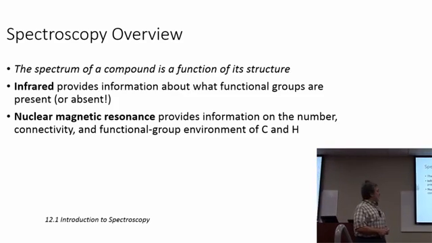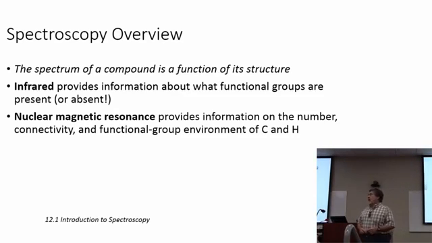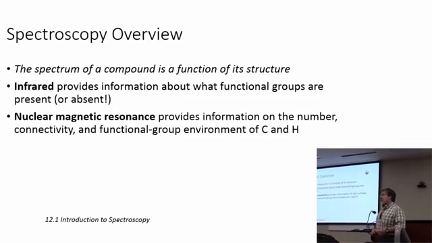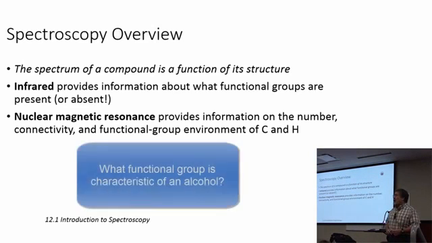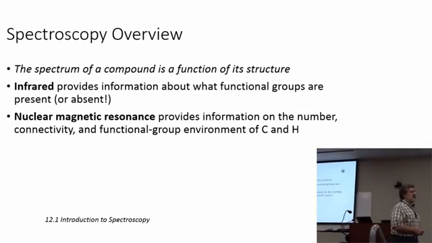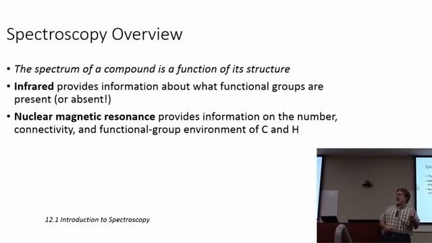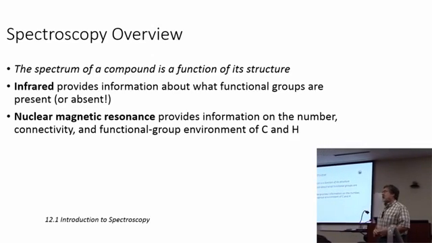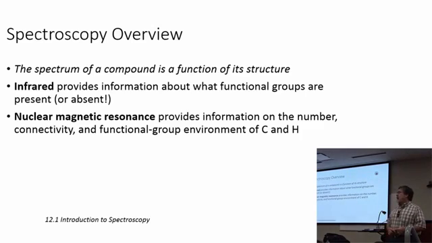All right? It tells you the functional group. If you wanted to know if a particular compound were an alcohol, grab an IR, put a sample of the unknown compound into the IR, wait for it to do its thing, and then look for something in particular that's characteristic of an alcohol. And all alcohols will have the same characteristic peak in an IR spectrum.